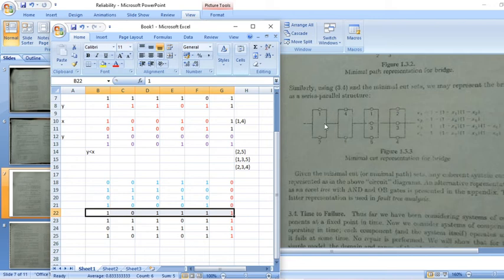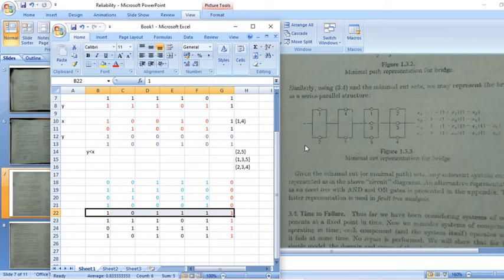So if at least one of the components in this set is functioning, then the system will be functioning. If at least one component in each subsystem is functioning, then the entire system will be functioning. So we can represent it like this. But what is the specialty of this structure function? It is a series connection of parallel subsystems. What are the parallel subsystems?